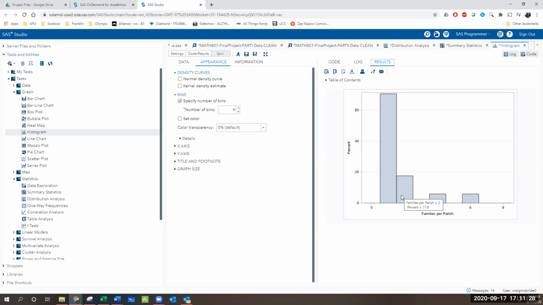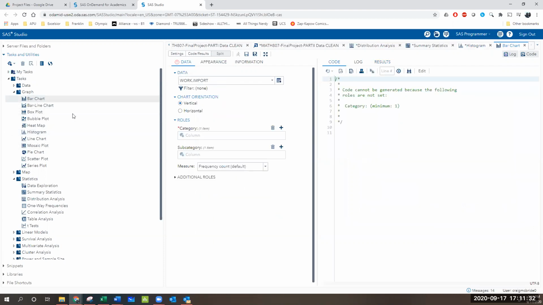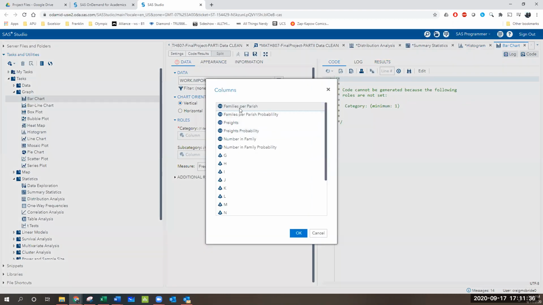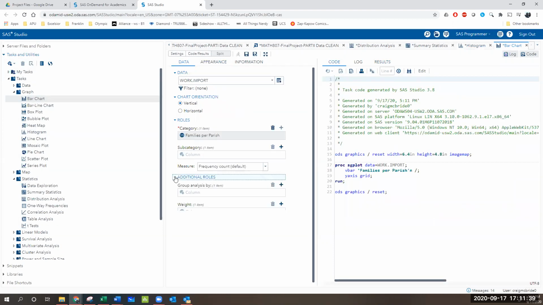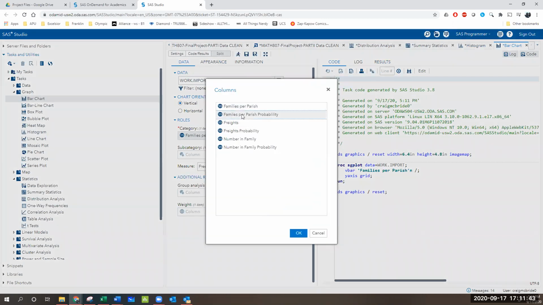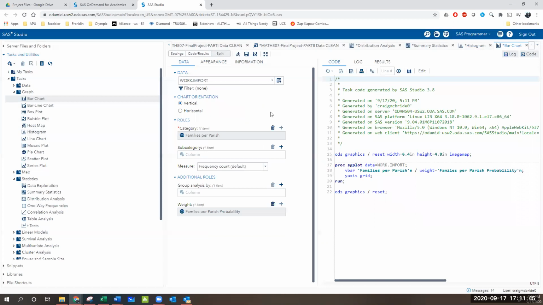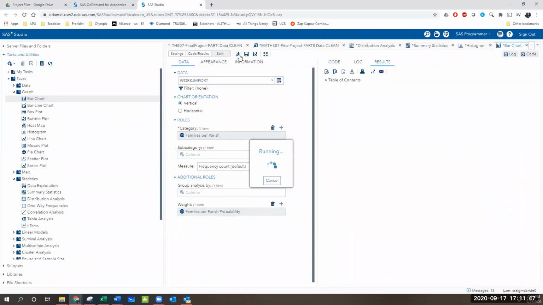Because there's gaps. So if you do the bar chart instead, and you do families per parish, additional role, weight it by families per parish probability, and then run that one.